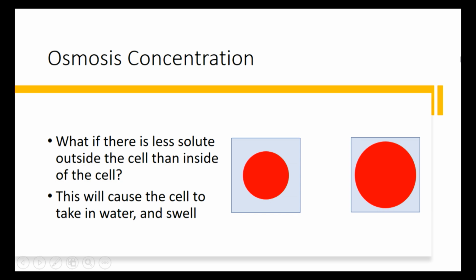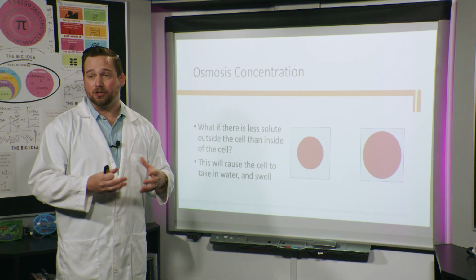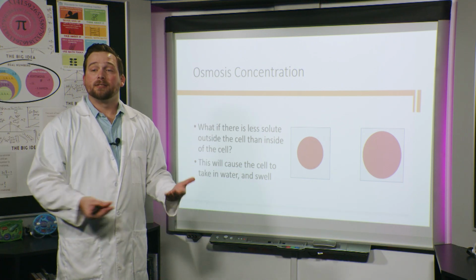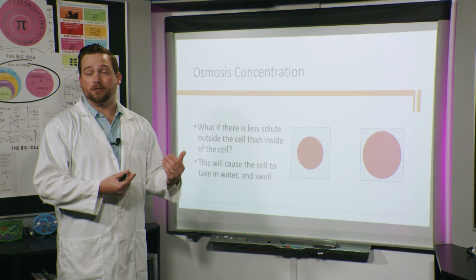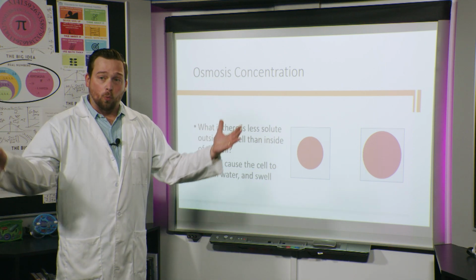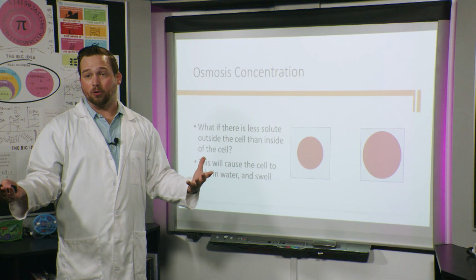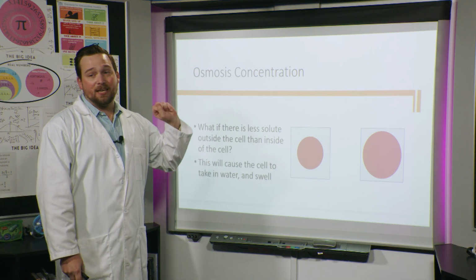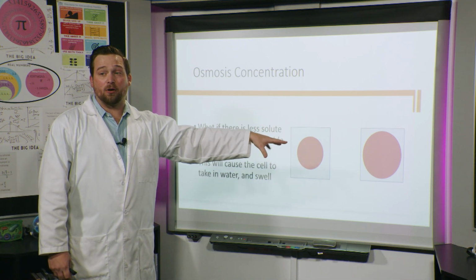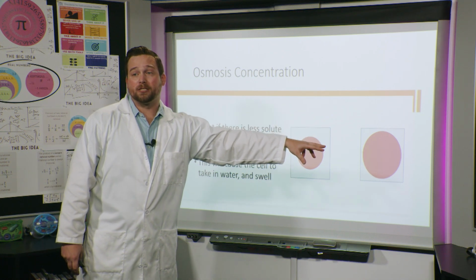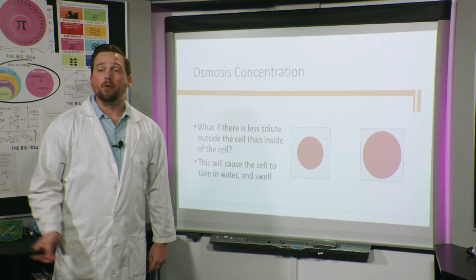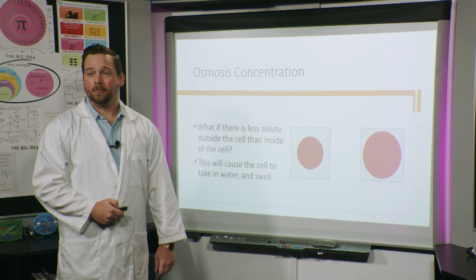It's like if you took that balloon and blew a whole bunch more air into it, it would get a lot bigger, right? The same thing's going on here. Because there's more solute in the cell, the water's going to rush in, and that makes the cell expand and get a little bit bigger, okay? In fact, in a bad case scenario, this cell could get so large that it would actually burst, okay? And we'll talk more about that next time, okay?